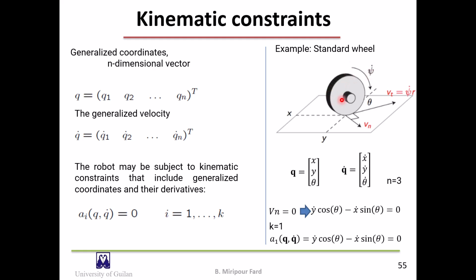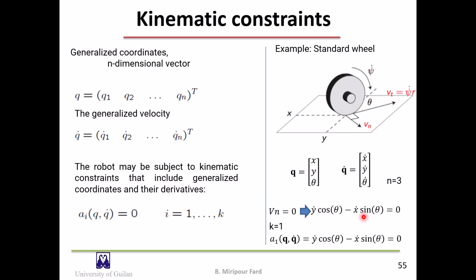For the standard wheel, the generalized coordinate is shown as q, and the generalized velocity is displayed as q dot. The dimension of these vectors is 3. As we have seen before, if one considers no side slipping constraint, then Vn equals 0, or y dot times cosine of theta minus x dot times sine of theta equals 0.